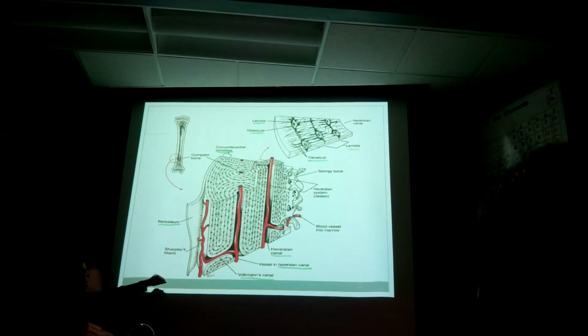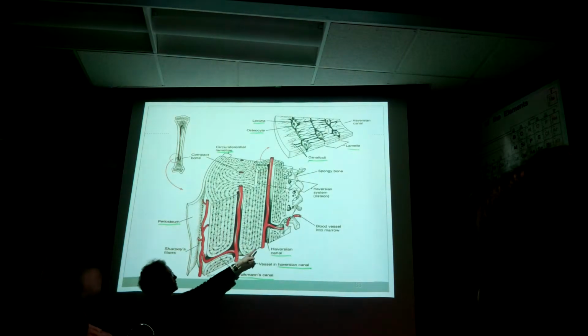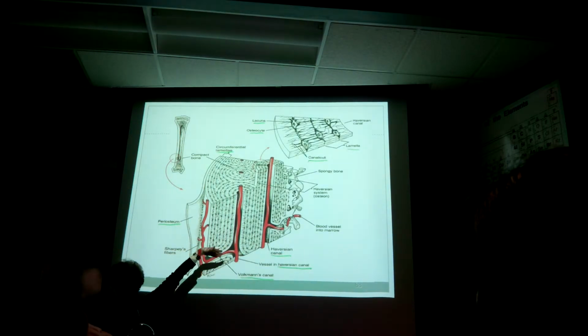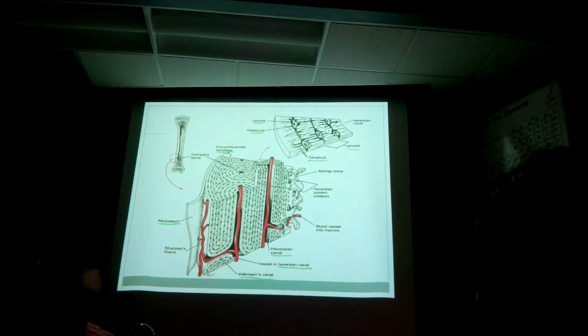And then you have these, so here are the blood vessels, and these are Volkmann's canals, or perforating canals, and then we have the Haversian canal, another word is central canal, inside each of these lacunae. And so when the bone is laid down, it's laid down in this kind of circular pattern.